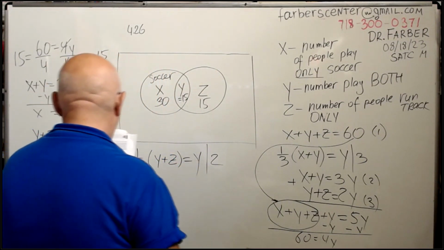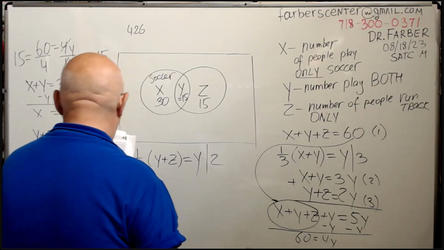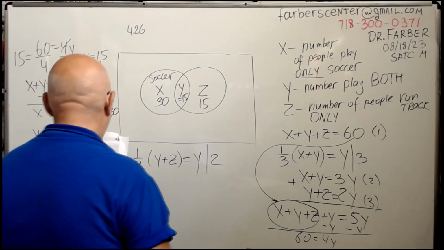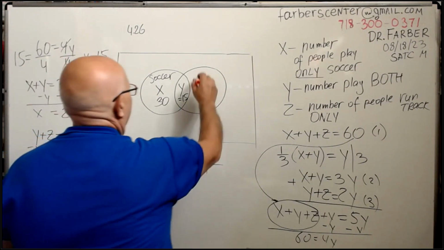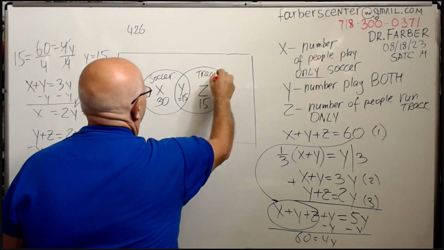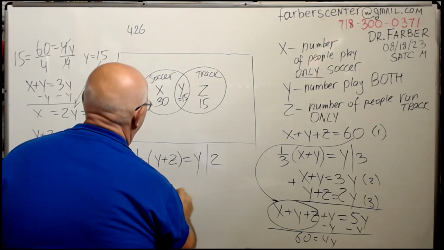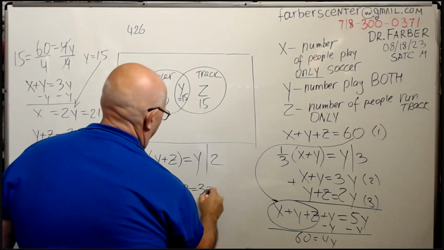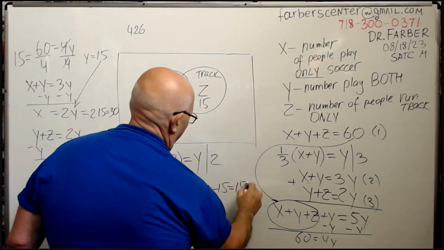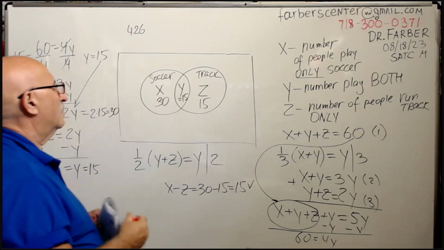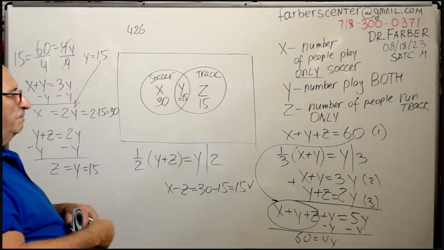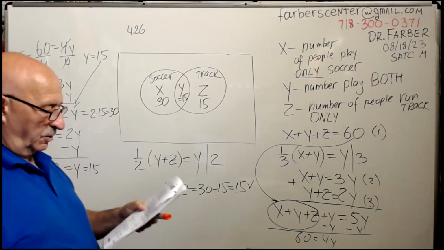In this group, is 15 greater than the number of the track team. This is track. If you subtract X minus Z equals 30 minus 15, which is 15. So far, so good.